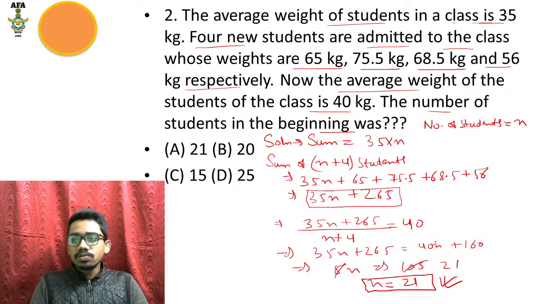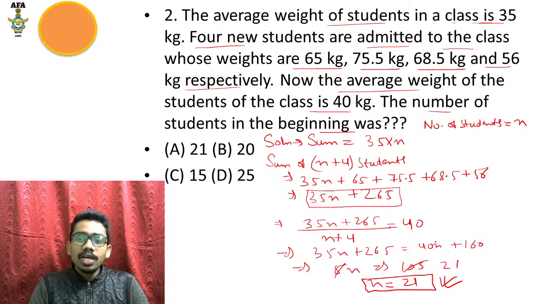See, the average weight of students in a class is 35 kg. Four new students are admitted to the class whose weights are 65, 75.5, 68.5 and 56 kg respectively. So n students are there at first. I don't know how many students there are, so I just assumed it to be n. Sum equals 35 into n.